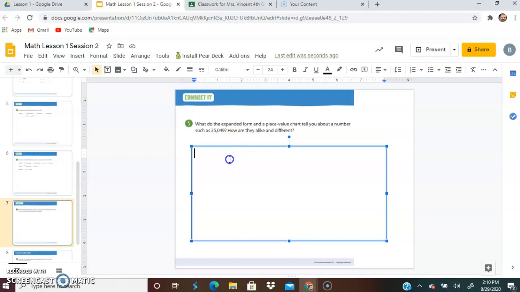Okay, we're going to see that the expanded form and a place value chart both tell the value of each digit.